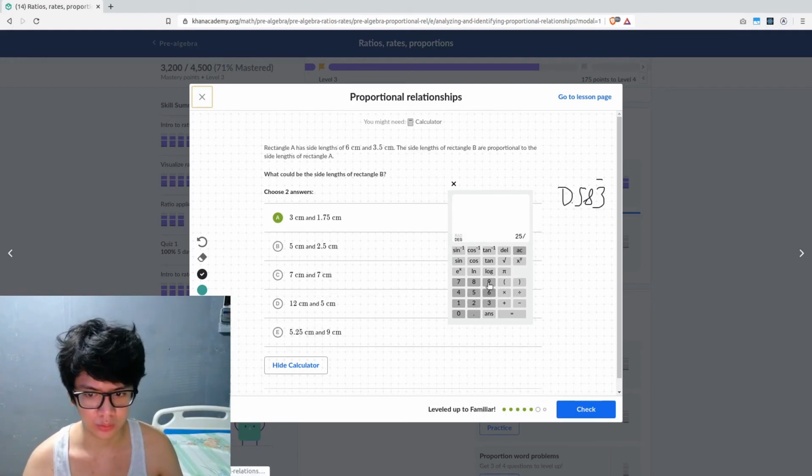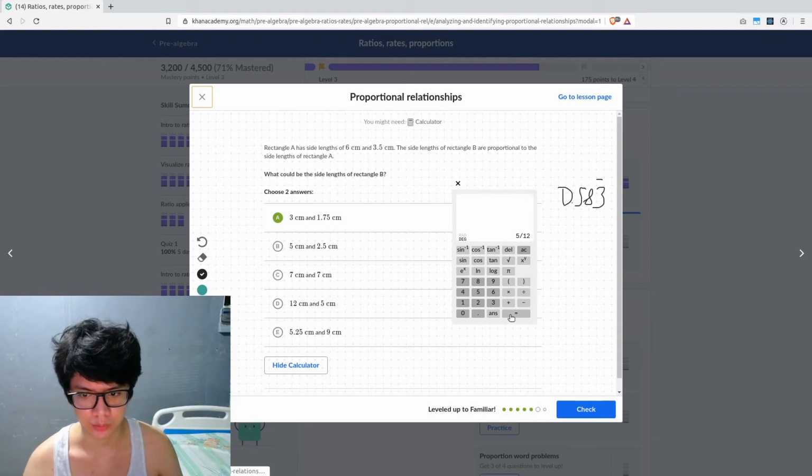Wait. This shouldn't be it. It's 0.5, obviously. 5 divided by 12. Okay. Yo, only answer A would work in this case.